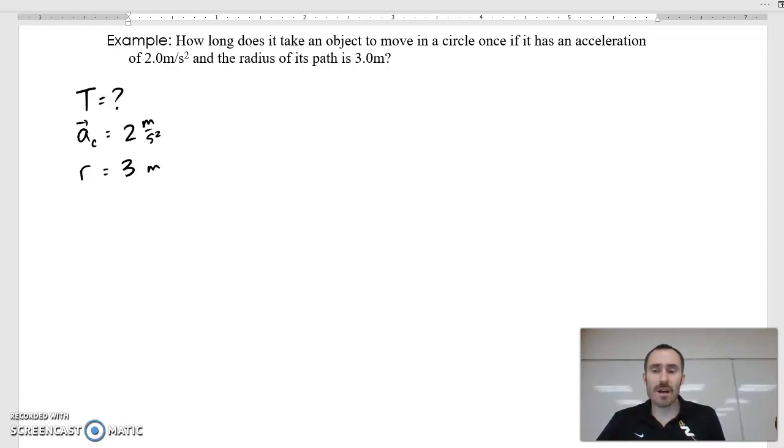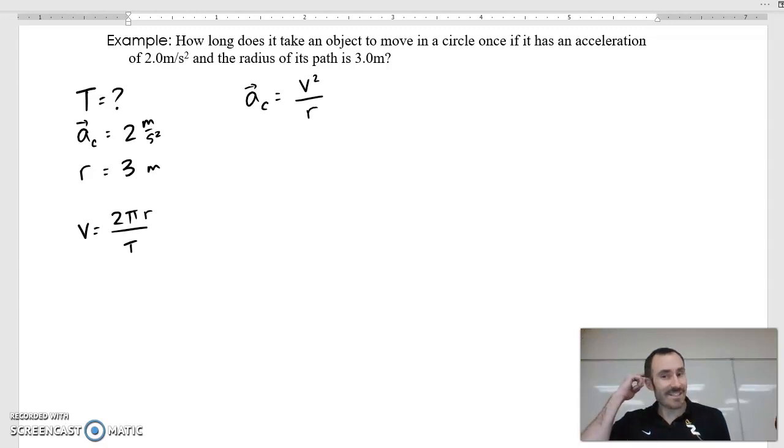So the period comes from the speed formula, 2 pi r over T, but we are not given speed. We are given acceleration and radius, and so we can start with the acceleration formula. Acceleration equals v squared over r. It gives us the acceleration, it gives us the radius, so we can solve for v.